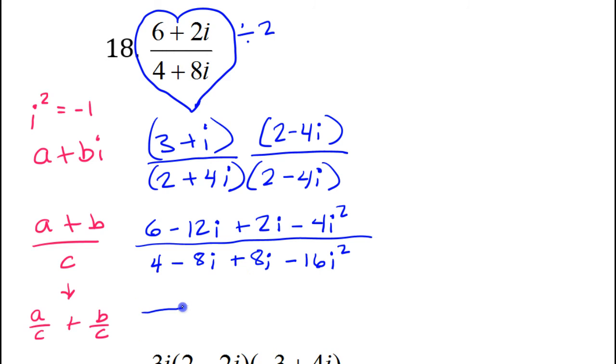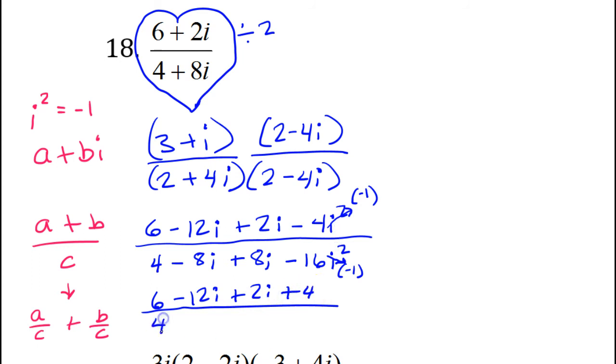If I distribute the 4i, that's going to give me positive 8i minus 16i squared. Now, i squared is negative 1. So I've got a negative 1 here, and I've got a negative 1 here. So I've got 6 minus 12i plus 2i plus 4 because of the i squared being a negative 1.